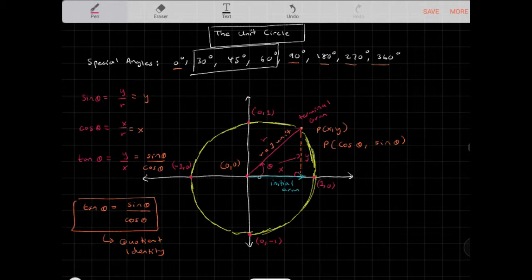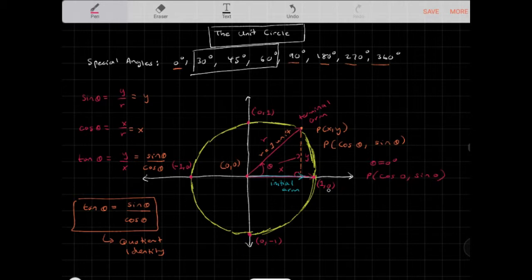Now we can imagine that if the terminal arm was located at the initial arm as such, the angle here would be 0, so theta would be 0 degrees. And the point of the terminal arm would be in the form of cosine 0 and sine 0.